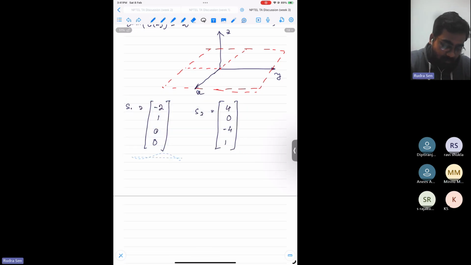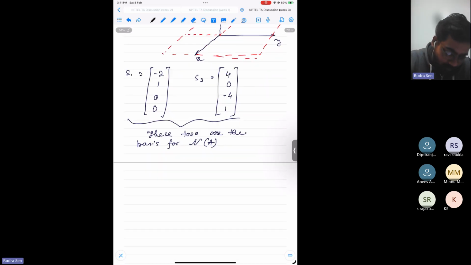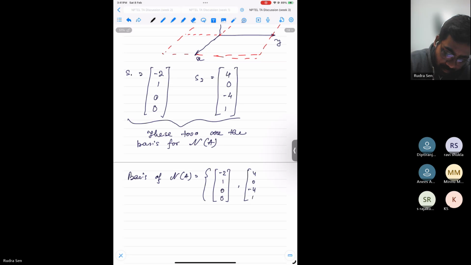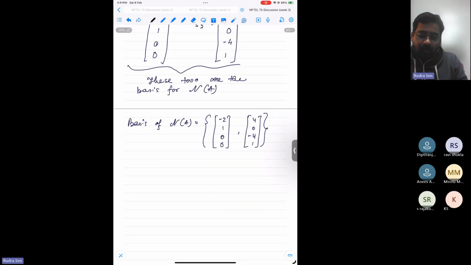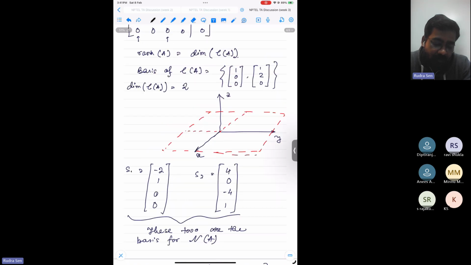These two are the basis for the null space of A. You can see that the null space belongs to R4, whereas the column space belongs to R3.